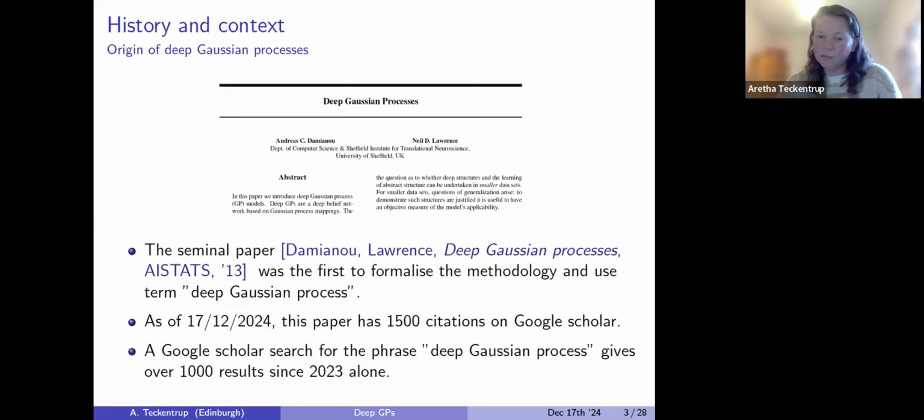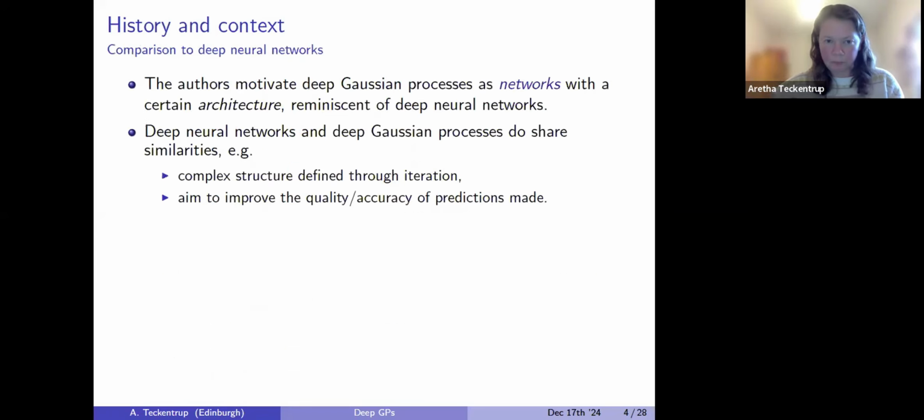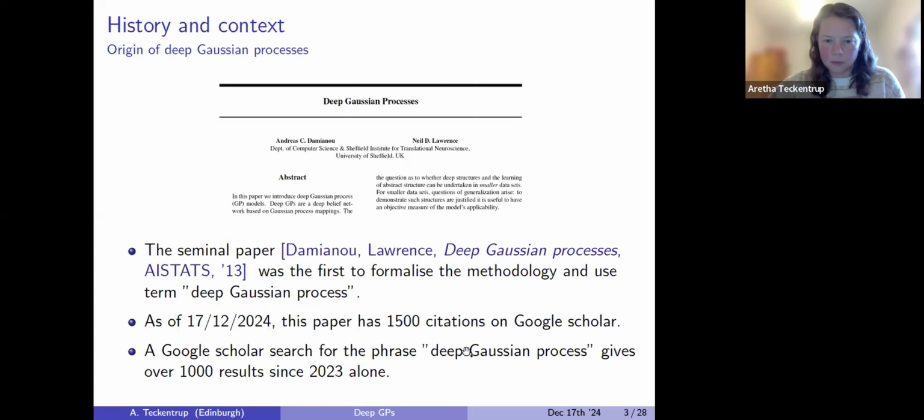So it's really a paper that has gotten a lot of interest, and these deep Gaussian processes are used in a lot of applications and a lot of different types of tasks because they are very powerful. The way that the authors introduced it, and it's probably too small to read here, but the beginning of the abstract says deep GPs are a deep belief network based on Gaussian process mapping.